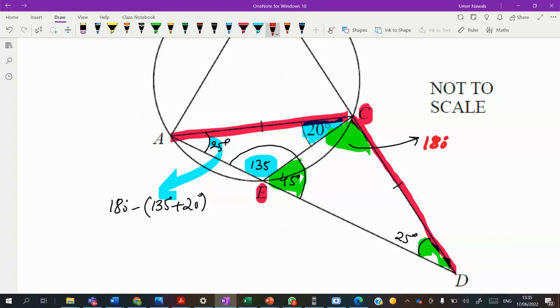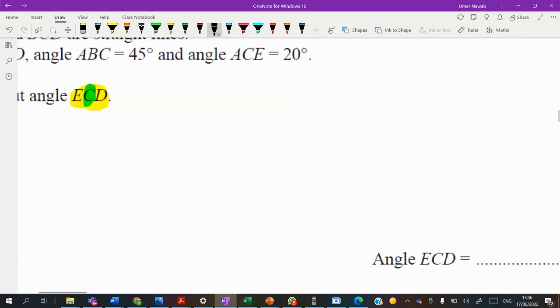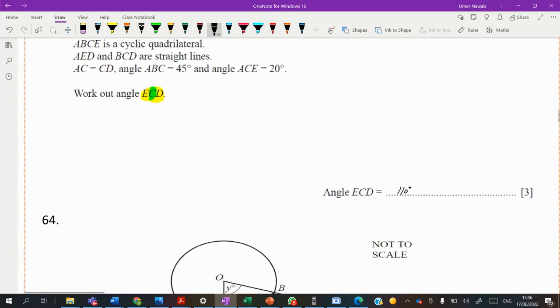So 180 minus the sum of 45 and 25. Finally, it gives me 110. Let me write it here, 110. Interesting question. How much marks it has? 3 marks.